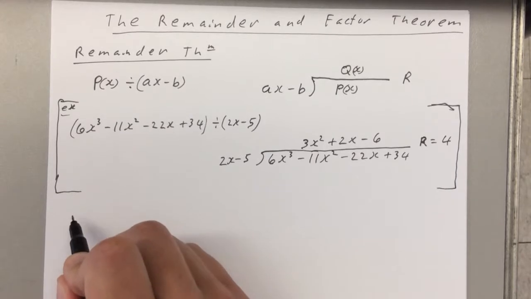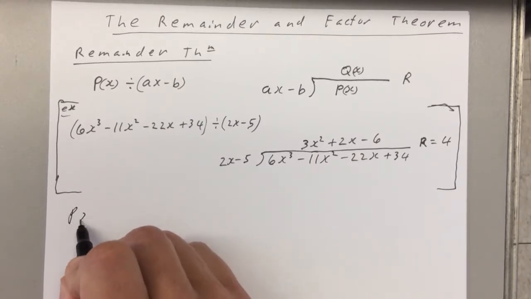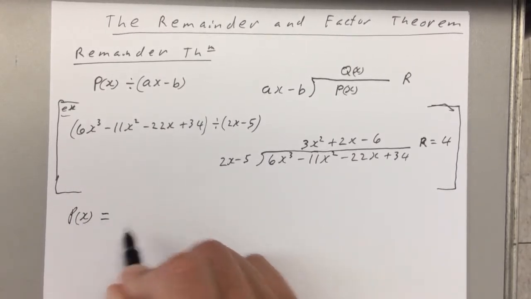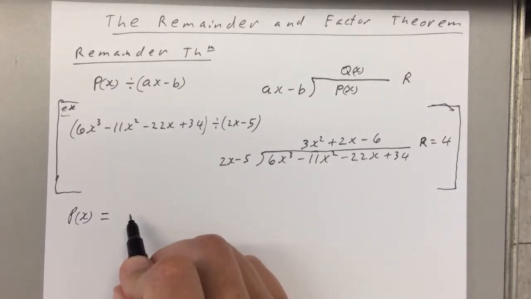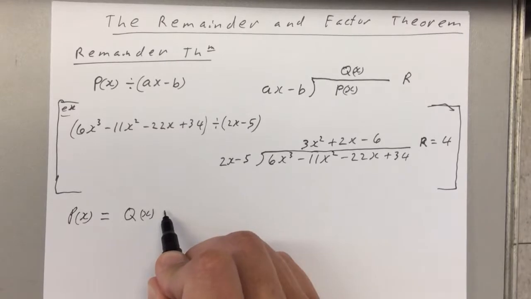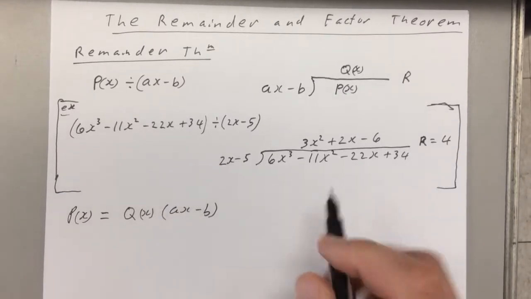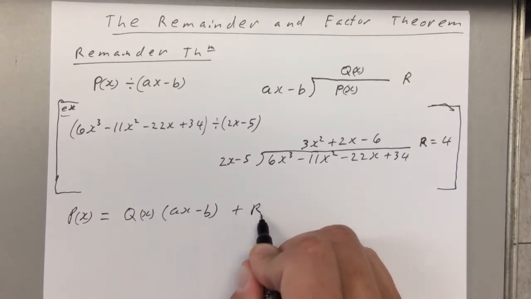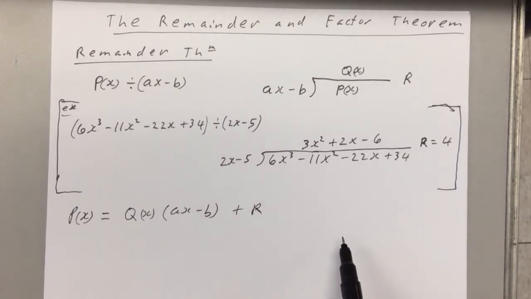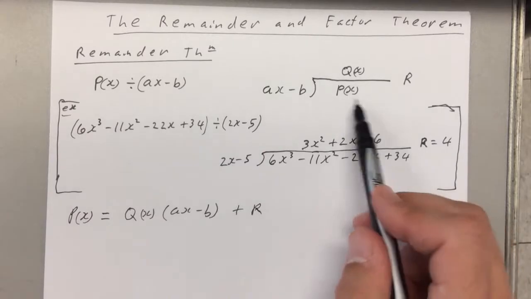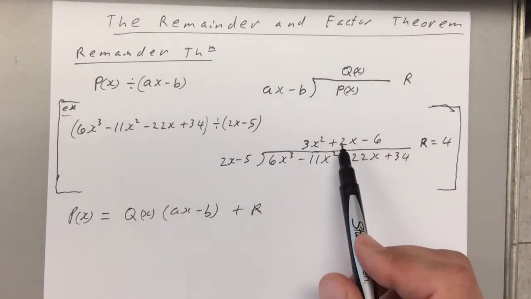So we've got p of x equals q of x times ax minus b plus the remainder. So that's the generalized division statement for this type of division.